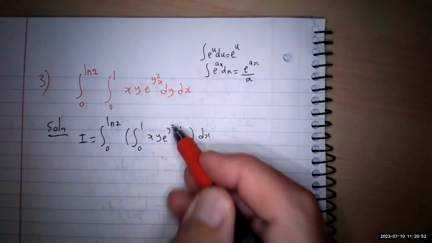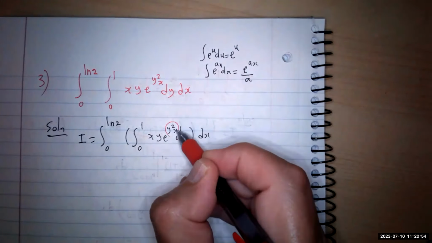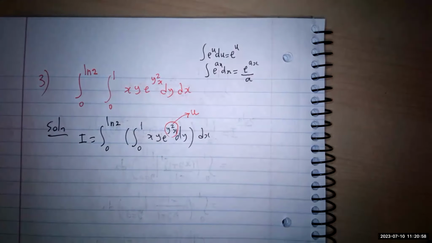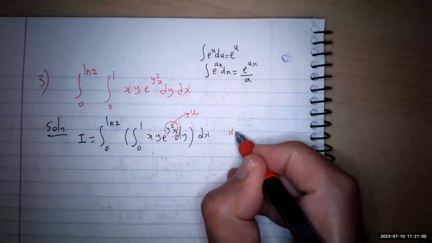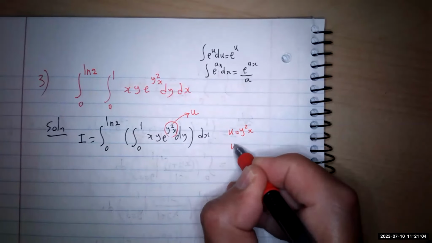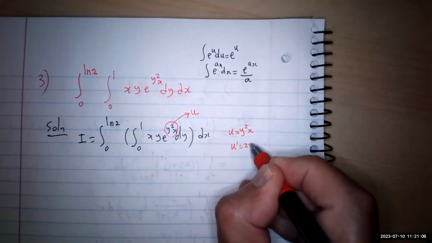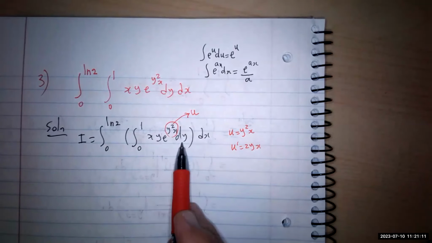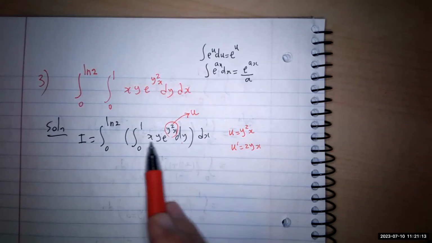So this is going to be your u. You must make sure that your u prime is there. We do it in the short form, but you can do it fully if you like. You need to have the u prime, which is 2yx. Remember, you integrate with respect to y. So you already got the yx.